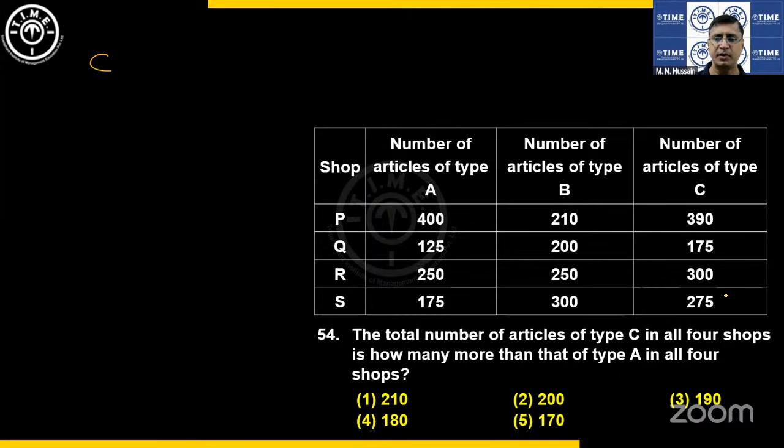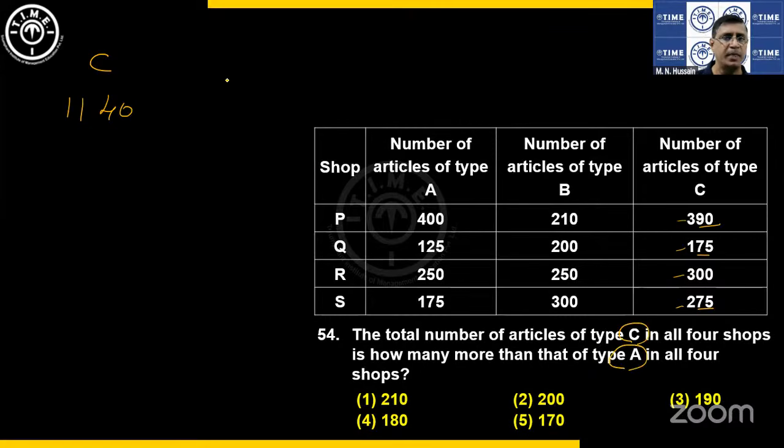Just observe here. 275, 300, 775, 390. 75 plus 75, 150 plus 90, that is 240. So 2 carry forward. 2 plus 2, 4 plus 3, 7. 7 plus 3, 10 plus 1, 11. So 1140, the total number of articles of type C in all the 4 shops.